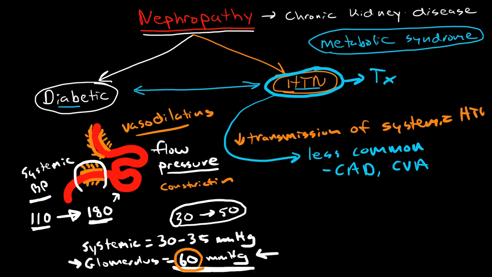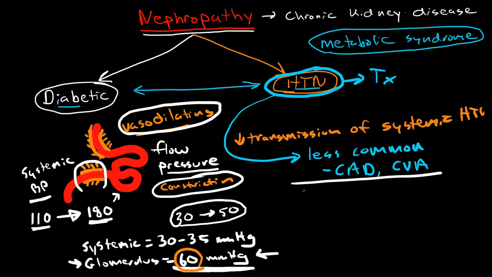Why is it less common? Well, a lot of it has to do with these ameliorating factors that are built into the kidney. But I wanted to talk about, there's sort of three factors to consider for the development of hypertensive nephropathy.